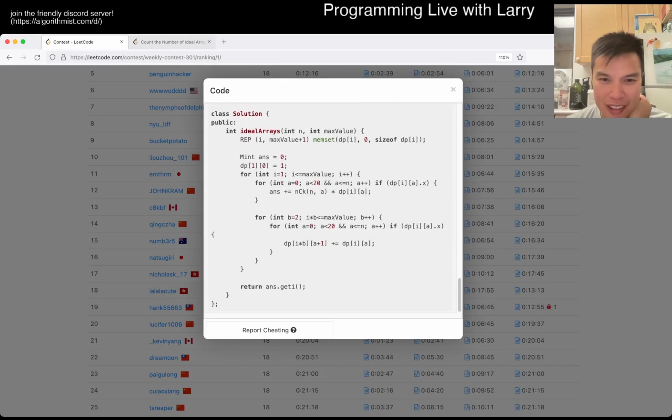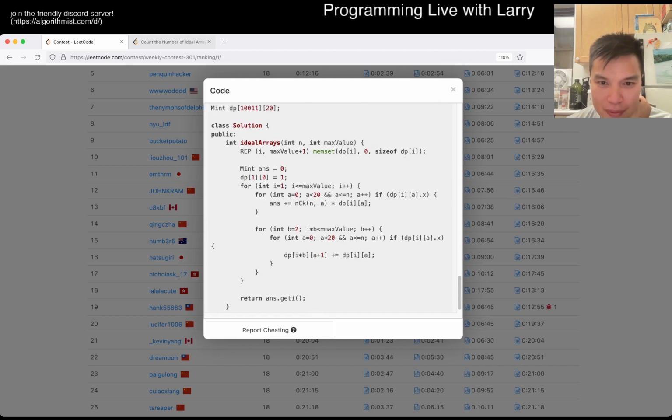Yeah, this looks like a very short solution. Why is this fast enough? Why is max value squared fast enough? I think that's the problem that I don't know.